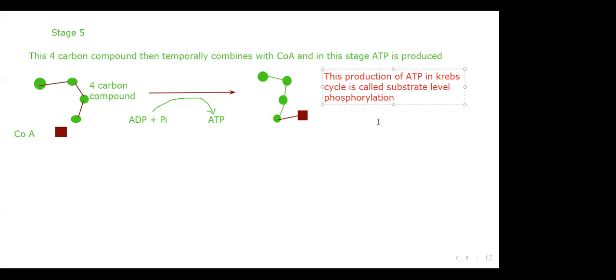So what is the substrate here? The 4 carbon compound. They remove the phosphate group once it reacts with CoA, so that ADP can react with the phosphate to form ATP. So that's why we call it substrate level phosphorylation.